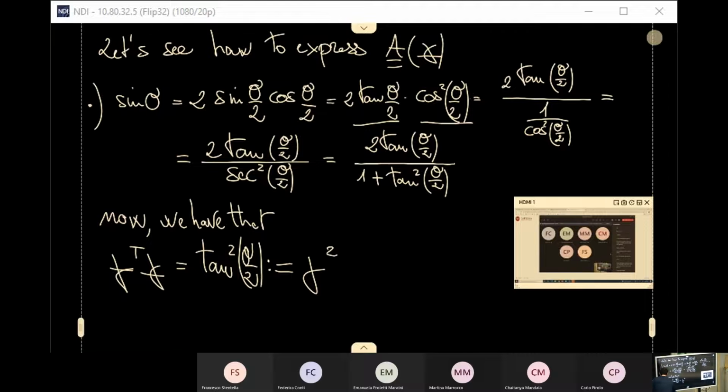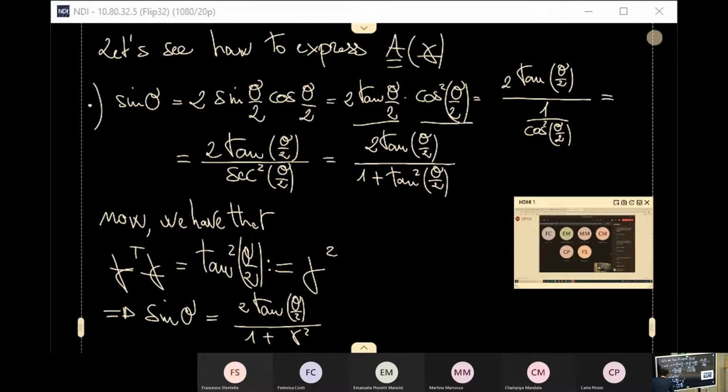So this implies that eventually, if we take into account all that we have written above, the sine of theta can be written as 2 times the tangent of theta divided by 2, all of it divided by 1 plus gamma squared.